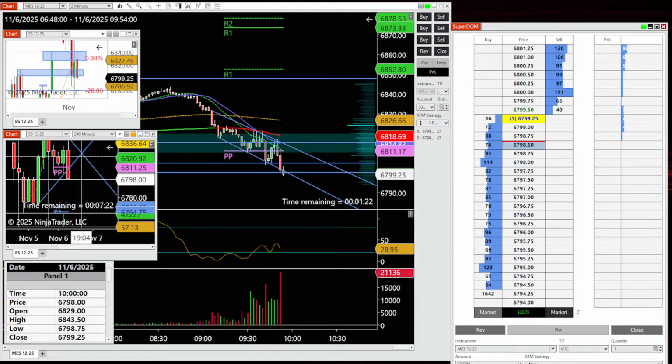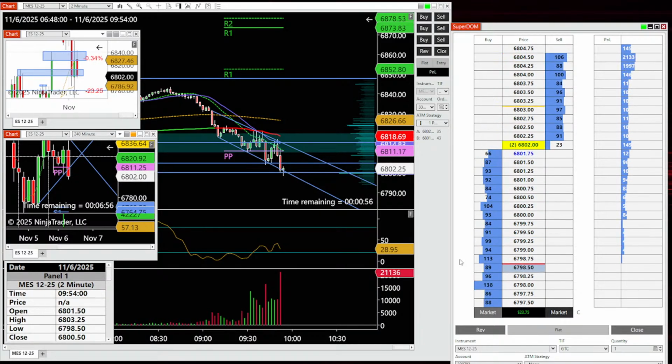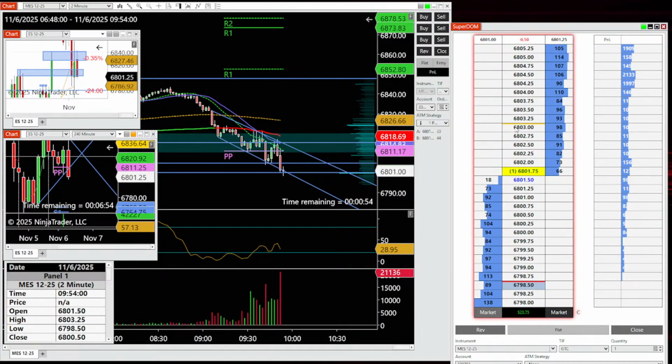So we got this 98 here. This yellow line is the prior day's open.